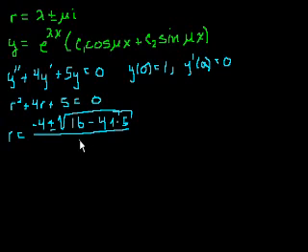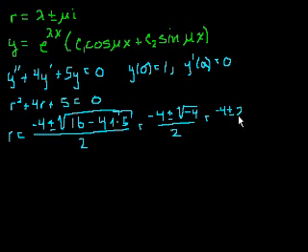A is 1, so all of that over 2. And see, this simplifies. This equals minus 4 plus or minus, see, 16, this is 20, right? 4 times 1 times 5 is 20. So 16 minus 20 is minus 4, over 2. And that equals minus 4 plus or minus 2i, right? The square root of minus 4 is 2i. All of that over 2.